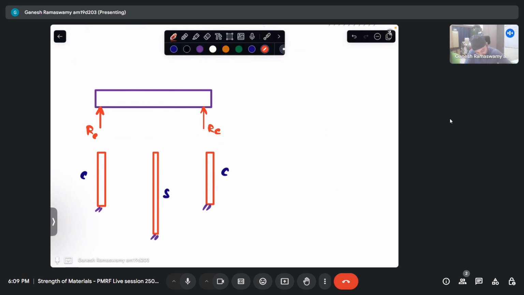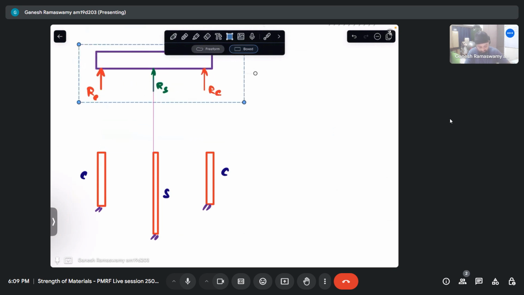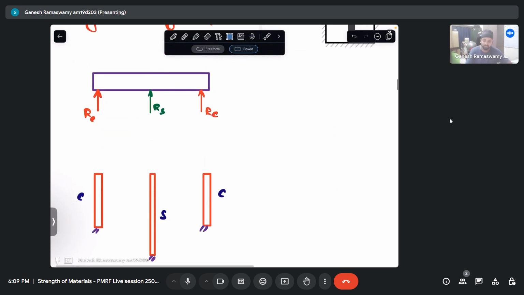And now let us say we have this as the reaction from steel, like that. Now one common mistake that might arise in students is they might think since it is symmetrically placed, all the forces will be equal. So that may not be the case. That will depend on its stiffness.